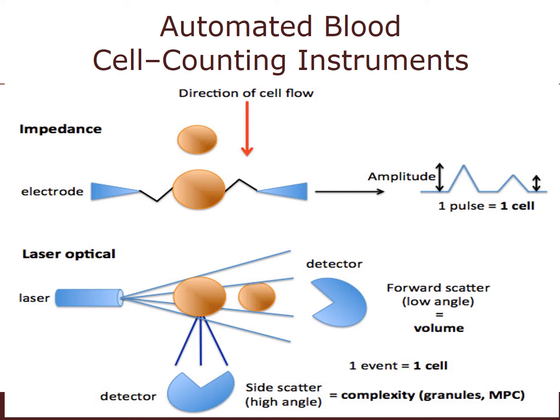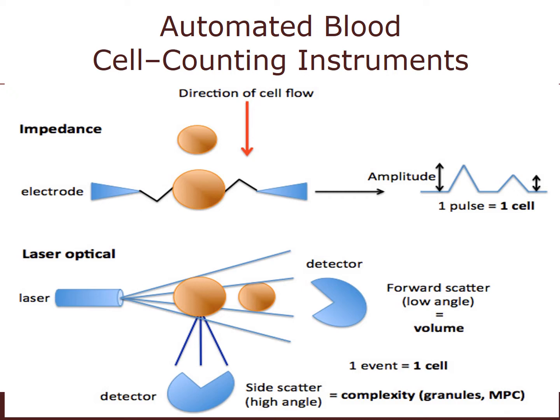Now the second principle of optical light scattering, or laser optical, is based on the light scattering measurements obtained of a single cell that passes through a beam of light or laser. Now, this cell creates a forward and side scatter that photodetectors detect, and the degree of forward scatter is a measure of the cell size, and the degree of the side scatter is a measure of cell complexity or granularity.